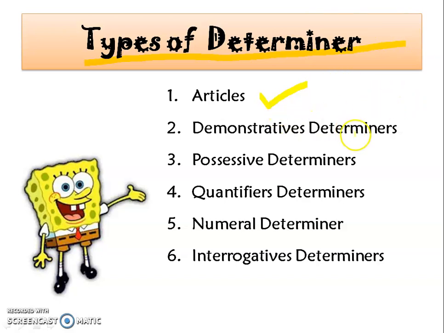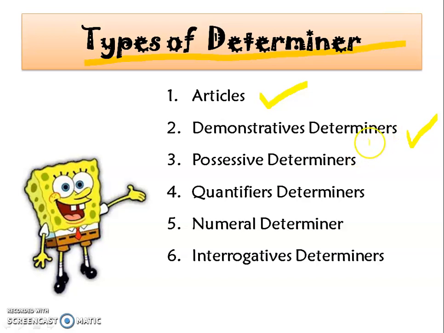Demonstrative determiners. So these kinds of demonstrative determiners are that, this, those, right? Coming to the possessive determiners, those are my, your, mine, his, theirs.